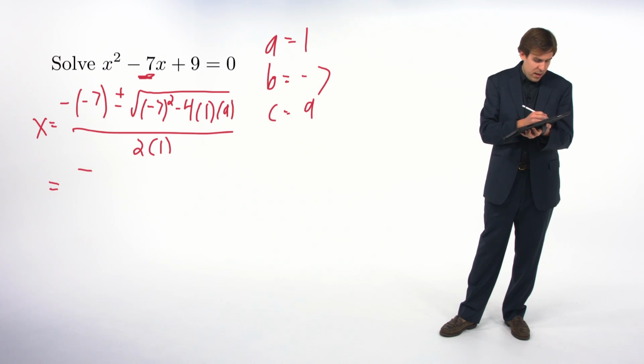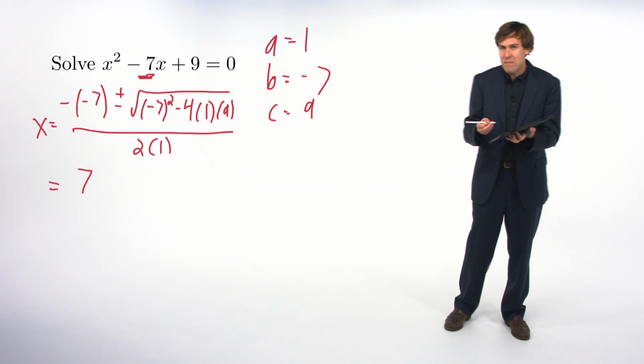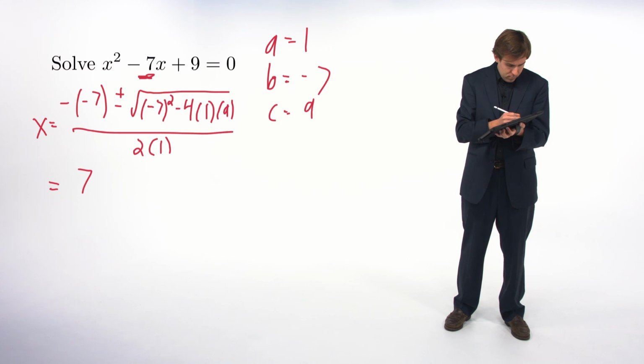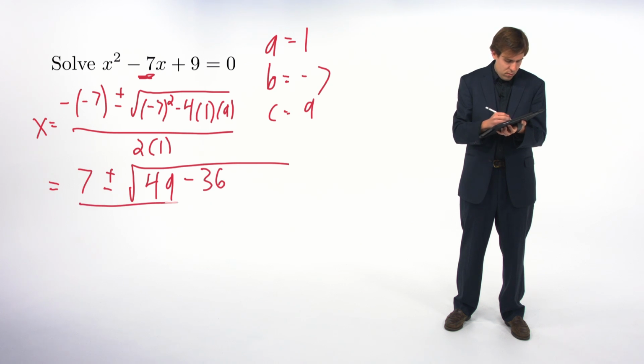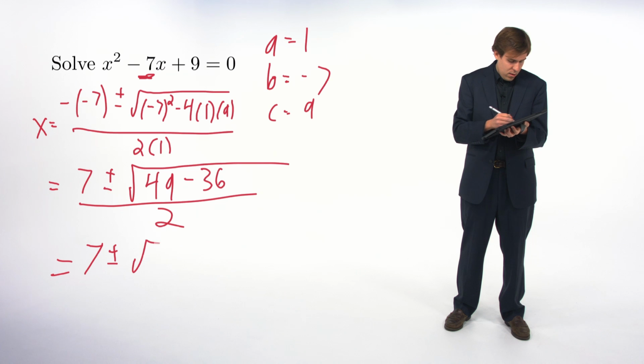So this is negative negative 7 is positive 7, because the negatives cancel, plus or minus square root of 49, minus 4 times 9 is 36, divided by 2, and then 49 minus 36 is 13, of course, divided by 2.